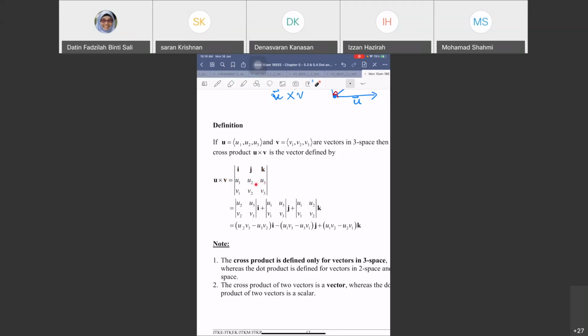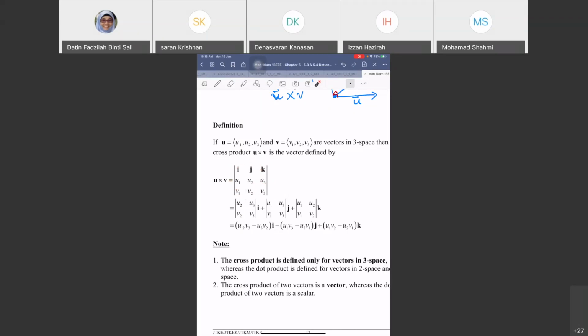Second row, you put the components of vector u, because what you have is u cross v, so the second row refers to the components of vector u. The last row is the components of vector v. So when you want to find the cross product, you are finding a determinant, a similar concept.